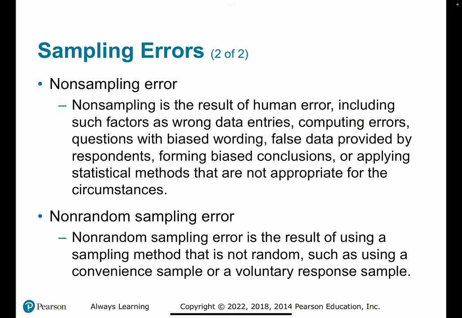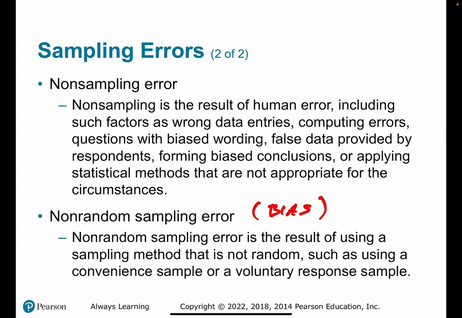Non-sampling error is like, if somebody enters data wrong, or data entry or computational error, or maybe something wasn't measured correctly, something like that. And then the third kind of sampling error would be non-random sampling error. And I think this would be the one where probably there was some bias injected into the sampling construction. Because basically with this last type, that means that there was some method employed that was not random.